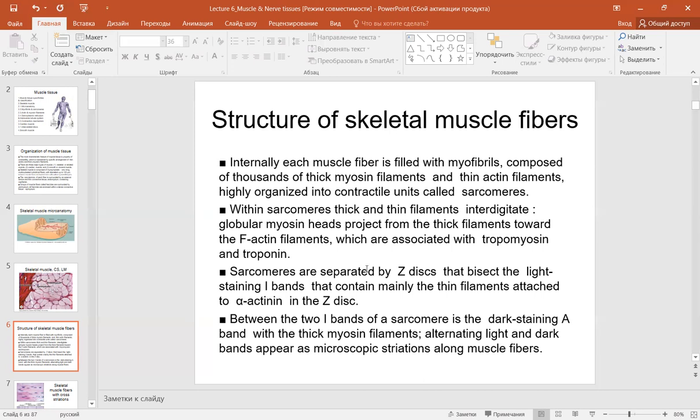Sarcomeres are separated by Z-discs that bisect the light-staining I bands that contain mainly the thin filaments attached to alpha-actinin in the Z-disc. Between the two I bands of a sarcomere is a dark-staining A band with thick myosin filaments. Alternating light and dark bands appear as microscopic striations along muscular fibers.